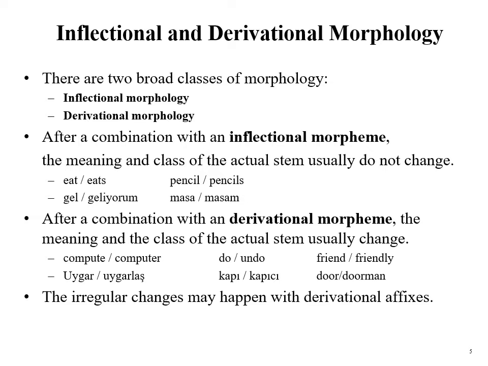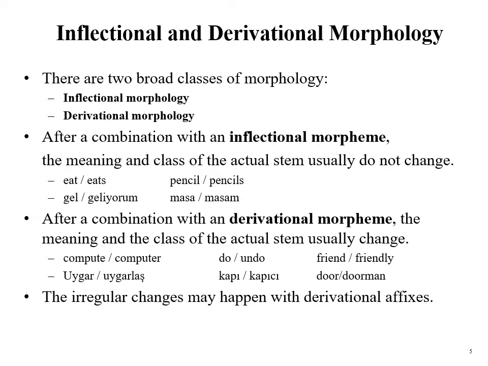After a combination with derivational morphemes, the meaning and the class of the actual stem usually change. You can understand this by these words. When you are affixing er with compute, compute will become computer. The meaning of compute and computer are different.